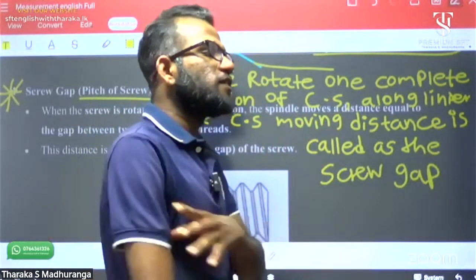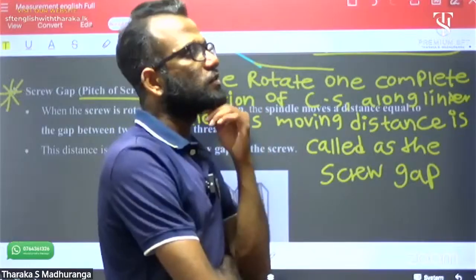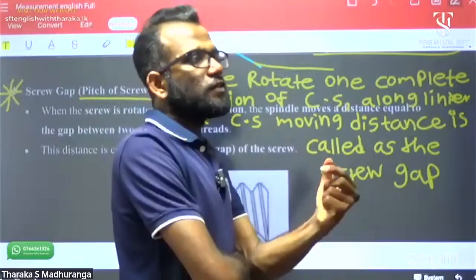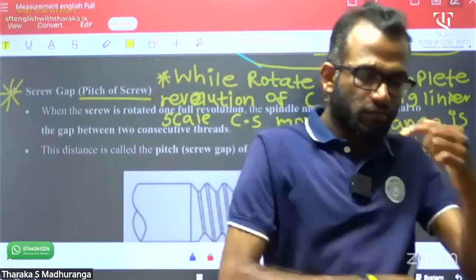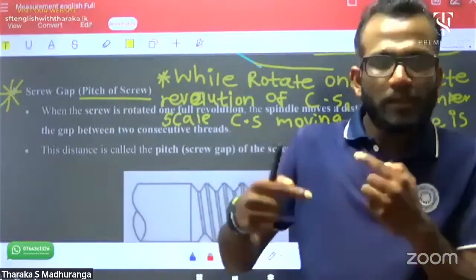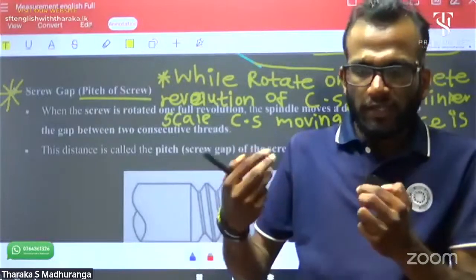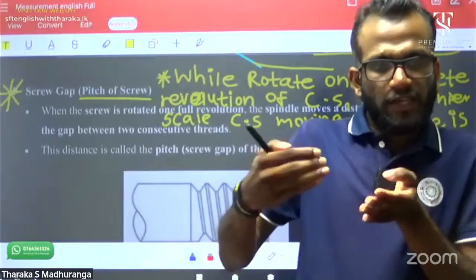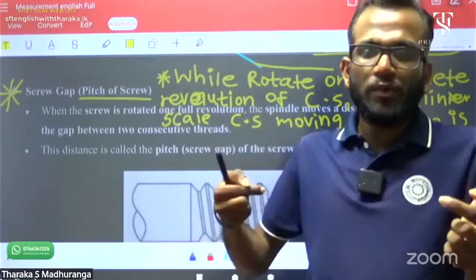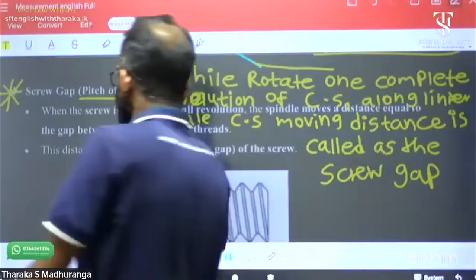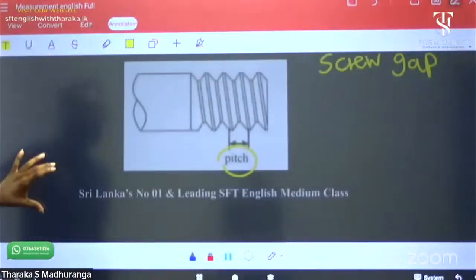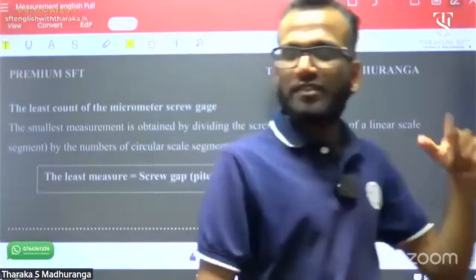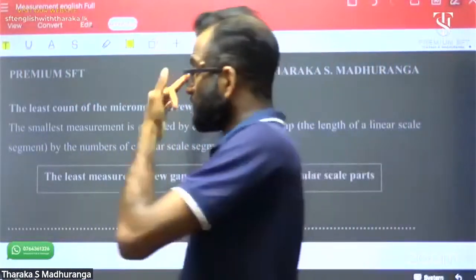Several times in exam structured questions they asked to define the screw gap in a micrometer screw gauge. Then how can you write? While rotating one full complete revolution along the linear scale, the circular scale moving distance. Pitch is a similar word to screw gap.